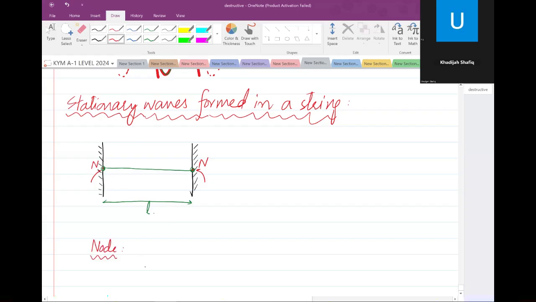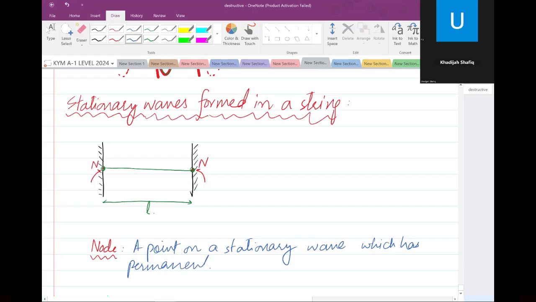A node is a point on a stationary wave which has permanently zero displacement. Those particles which do not move are called nodes.